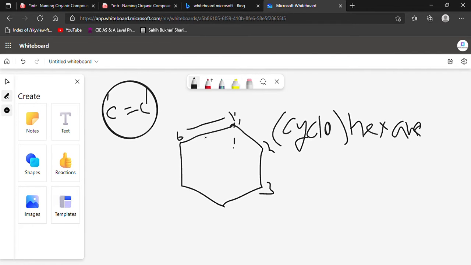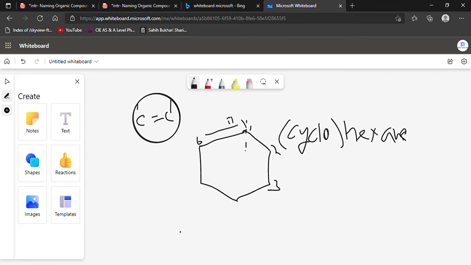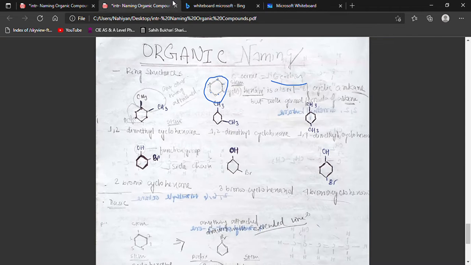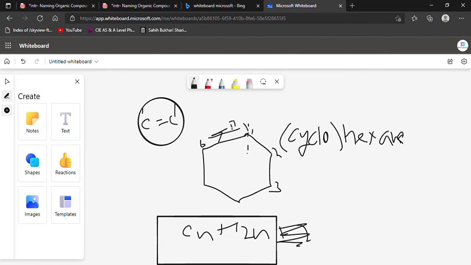So the number of hydrogens decreases by 2. So the formula is now CnH2n. For alkane it was CnH2n+2, but here there is no +2. So this is the formula for alkene, and that is what you should follow for cyclic compounds, for ring structures such as this. This is just for your understanding, there is nothing else here.